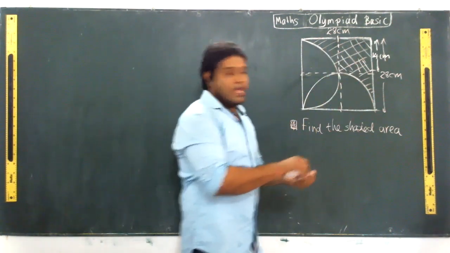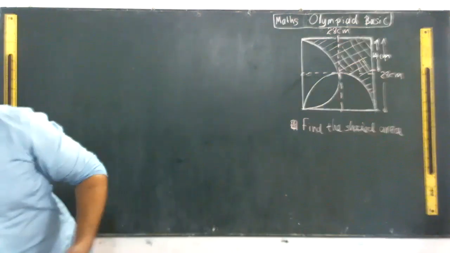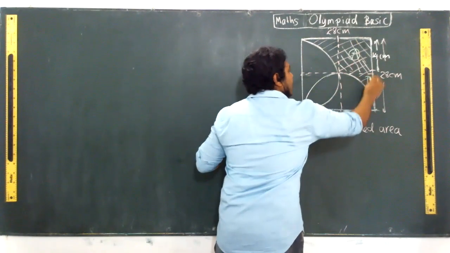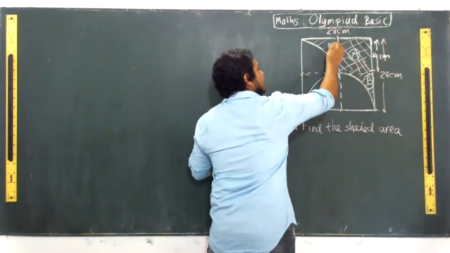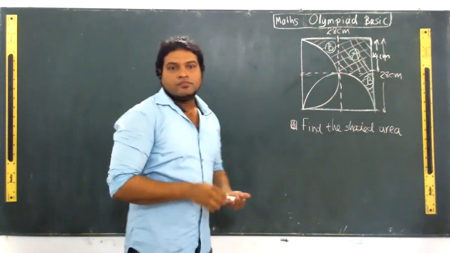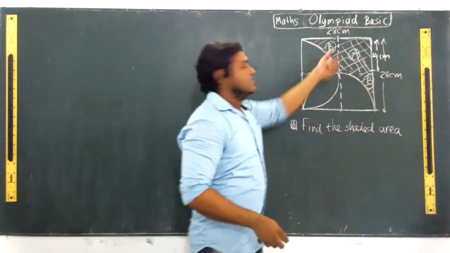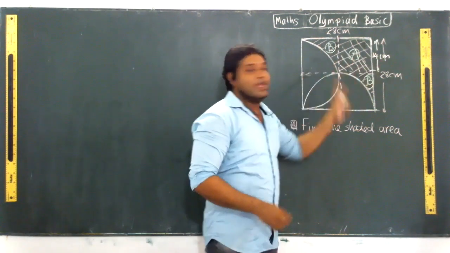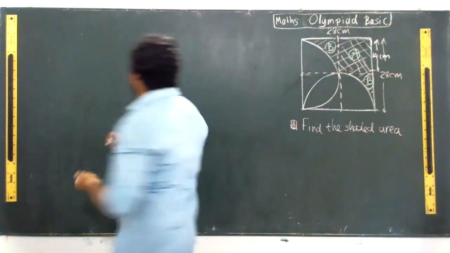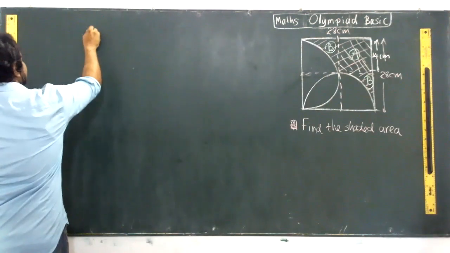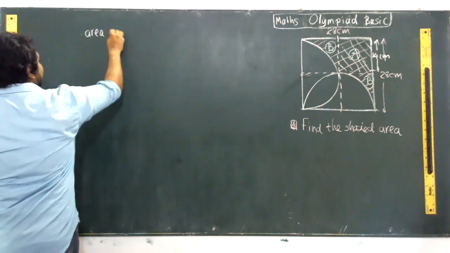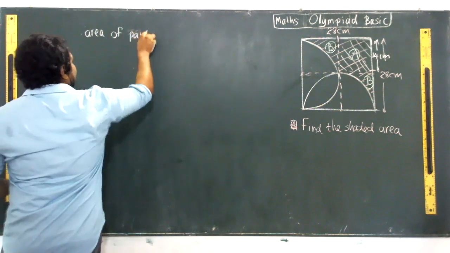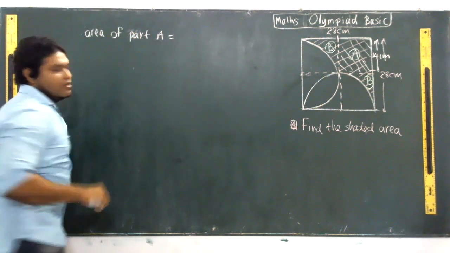If I name them using capital letters, capital A, and this is also capital B, because this area is the same as this. Now you totally understand how to find the area of A. Therefore, we will find the area of part A, the shaded part A.